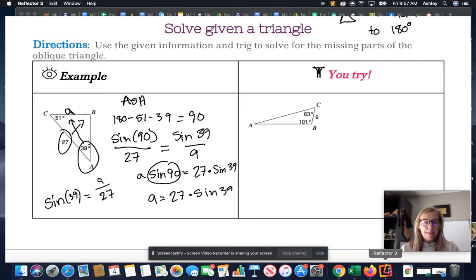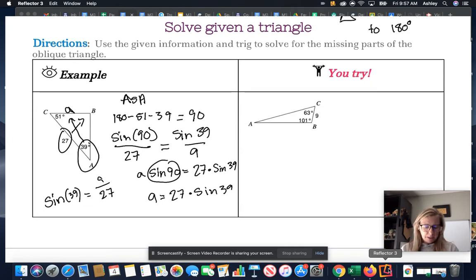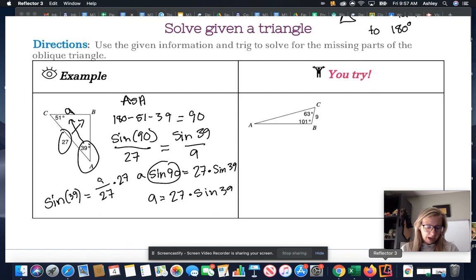Look over here. If we go ahead and solve for A here, we'd multiply by 27 on both sides, and we get 27 times the sine of 39 equals A. So notice, it doesn't matter if you're using law of sines or right triangle trig, you're going to be able to solve this problem. And now this is just a job for your calculator.